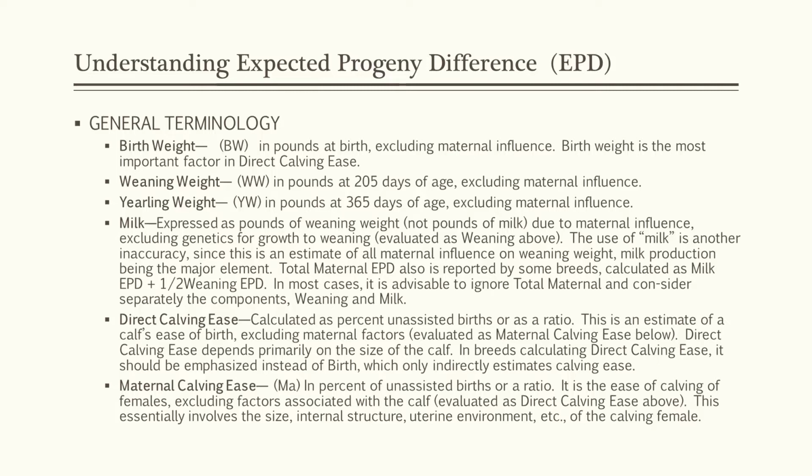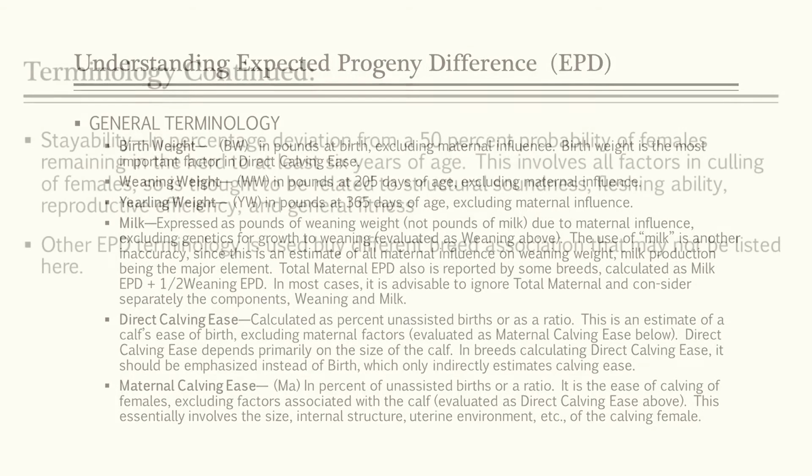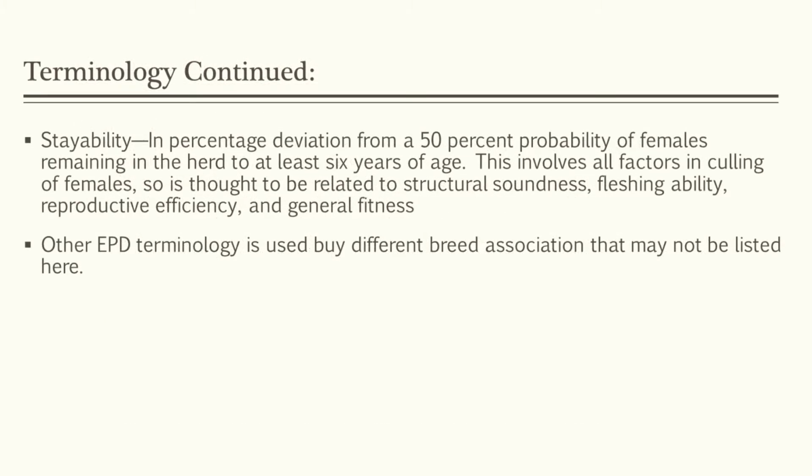So if you're interested in a breed of bull and they have calving ease maternal, that's what you want to look for, as well as weaning weight. And then you might want to look at one or two other traits, and that breed might have stayability. Another trait that might be of interest in terms of maternal ability is docility, because if you're planning on keeping these females around, maybe you want them to not be as wild.